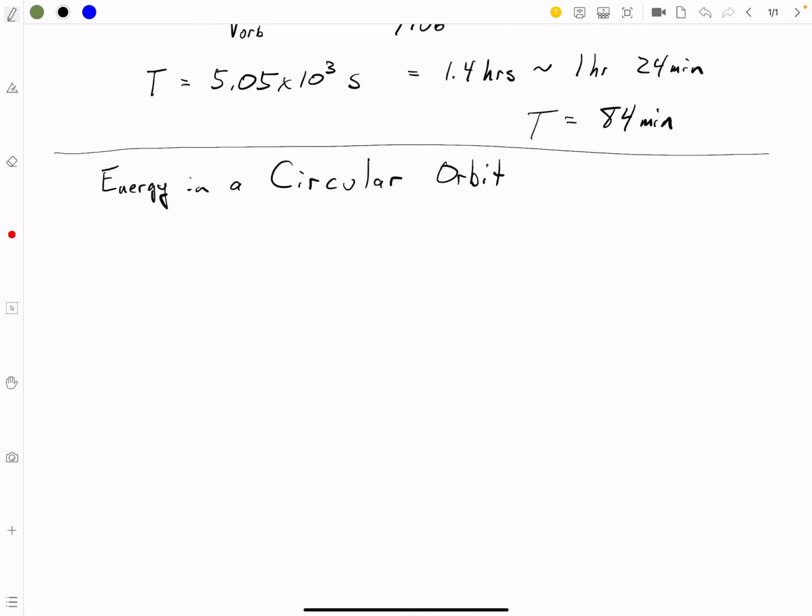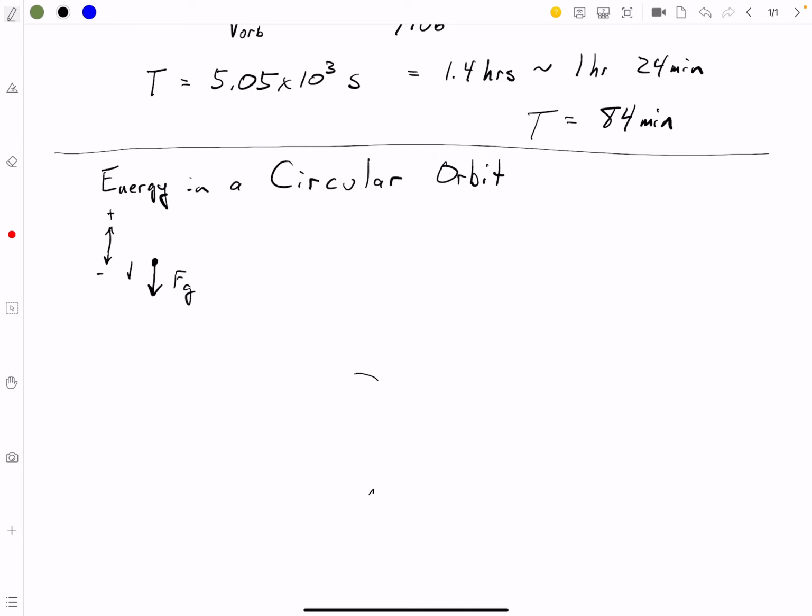So the first thing you got to do is do our free body diagram. Okay, and if we say that our positive is going away from the mass and negative is going in, our force of gravity is pointing down.